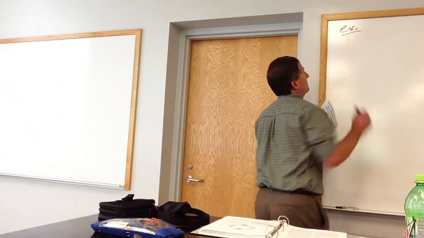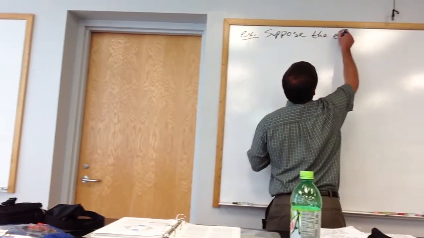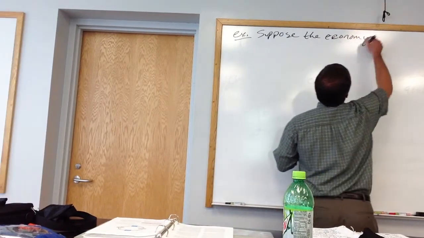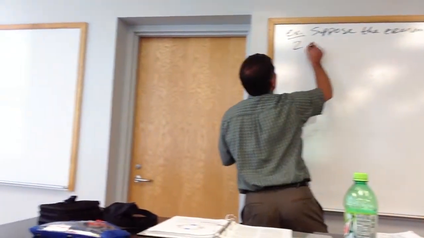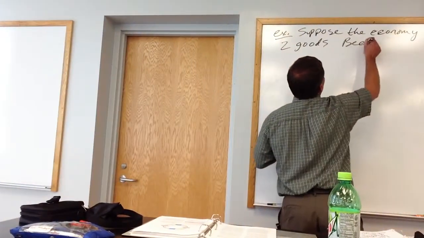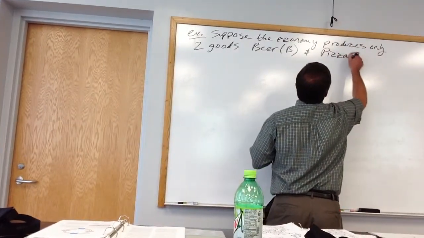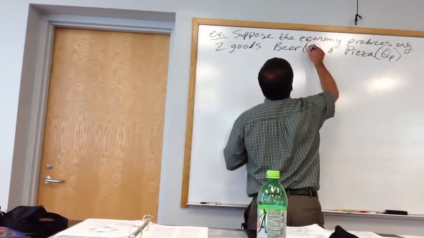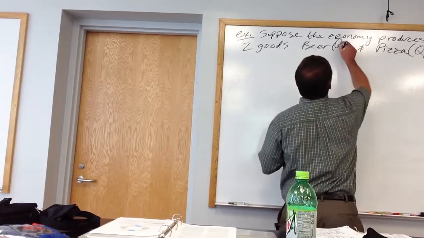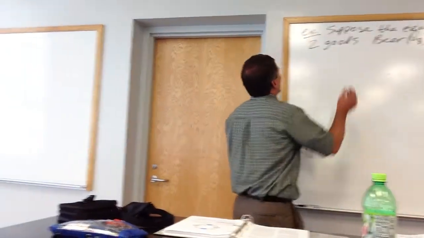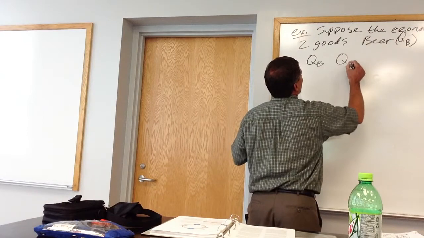So let's do an example here. Suppose the economy produces only two goods, beer and pizza. I'm going to change that notation to QB and QP. Okay, so we've got quantity of beer, quantity of pizza.